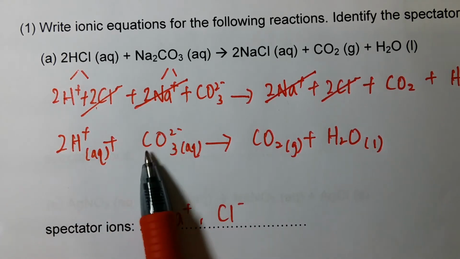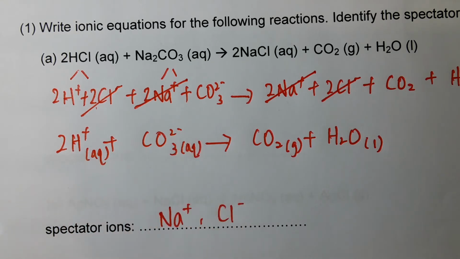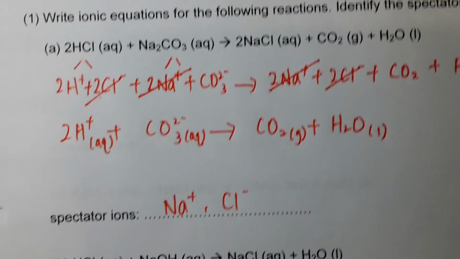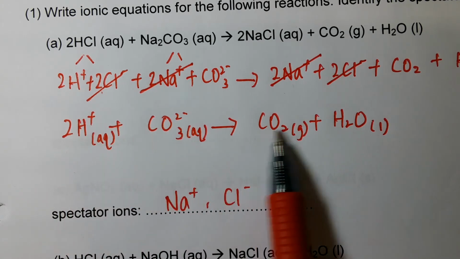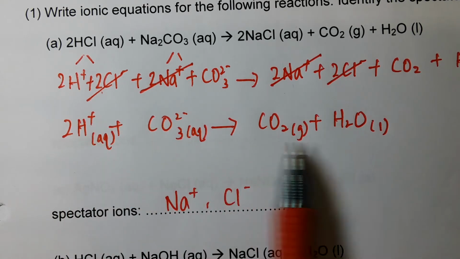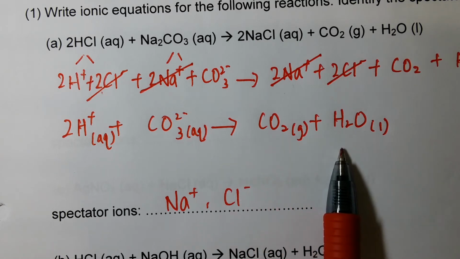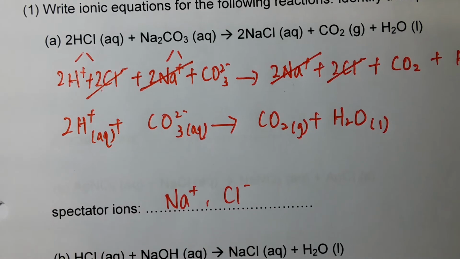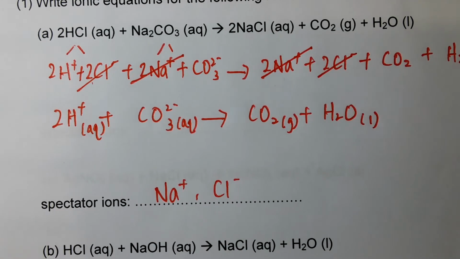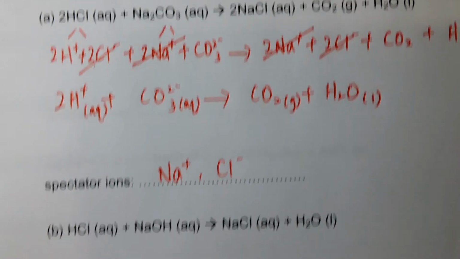Total charge here is 2 minus. 2 plus, 2 minus, so they are balanced. All the charges on the left hand side of the chemical equation should be the same as the right hand side. On the right hand side, the charges are 0. On the left hand side, 2 plus 2 minus, so the charge is 0 as well. Okay, so this would be the final answer.